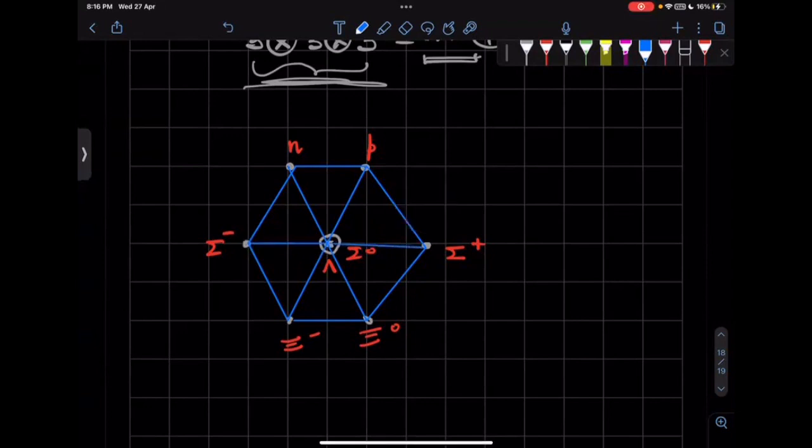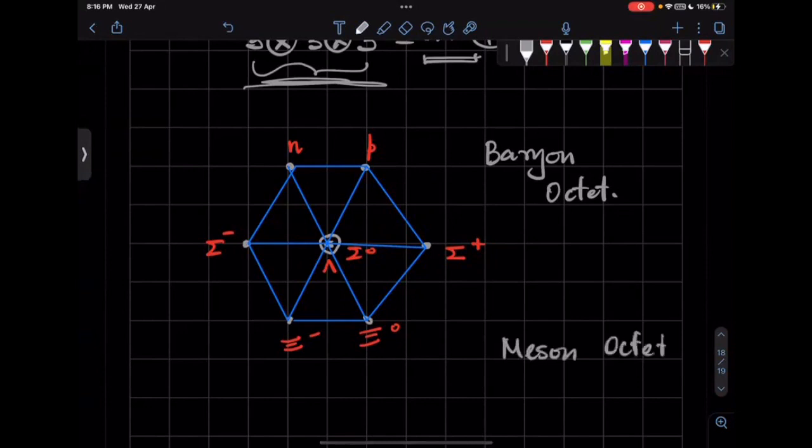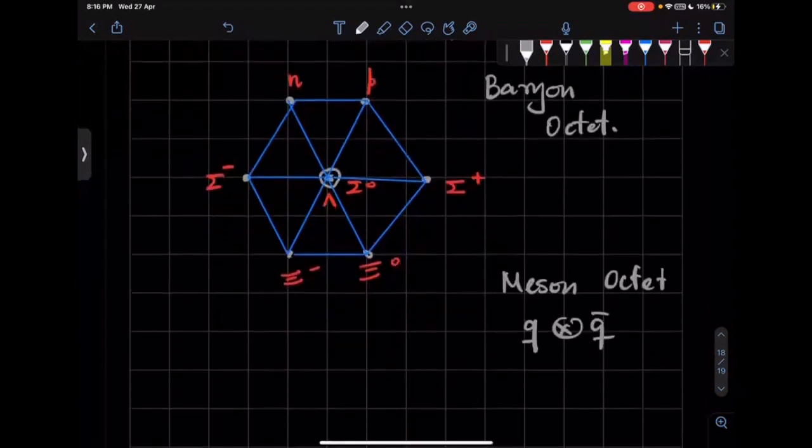So this was a big deal. This is the baryon octet. There's another octet which is the adjoint representation, called the meson octet. The meson octet comes from doing Q cross Q bar, or say 3 cross 3 bar.